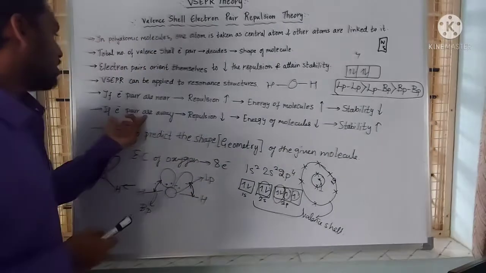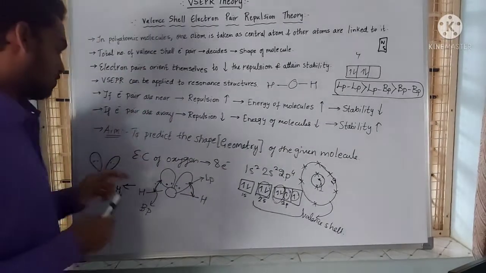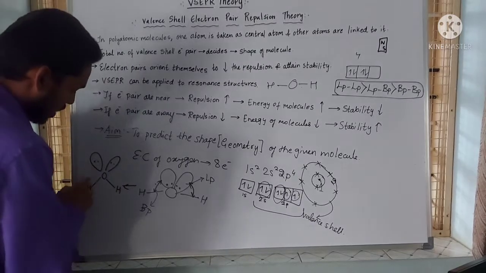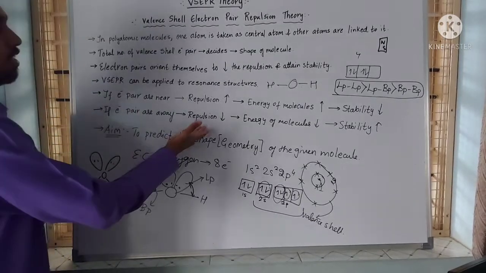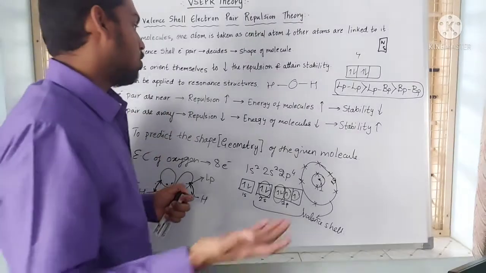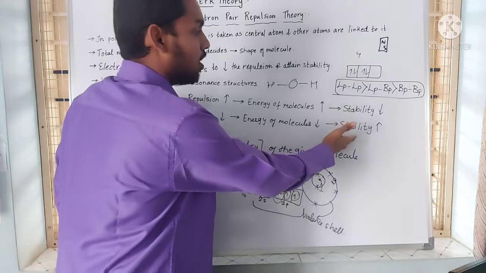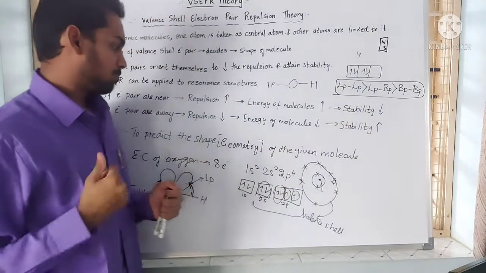If the electron pairs are away from each other, the repulsion is going to decrease, and the energy of the molecule will also decrease. Hence, the stability of the molecule can be attained.